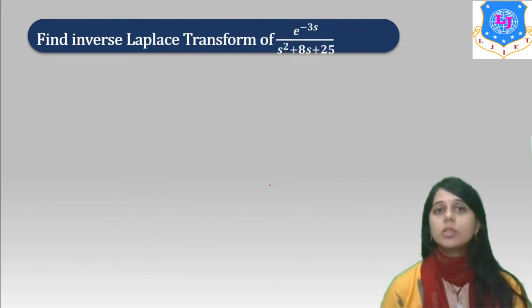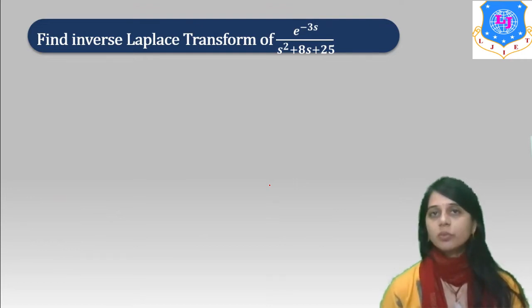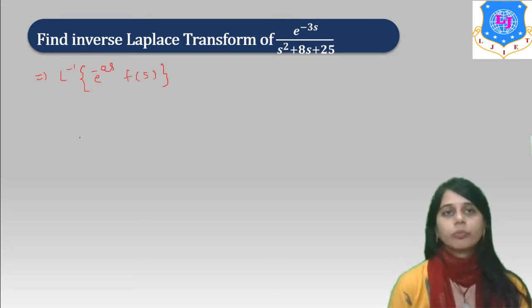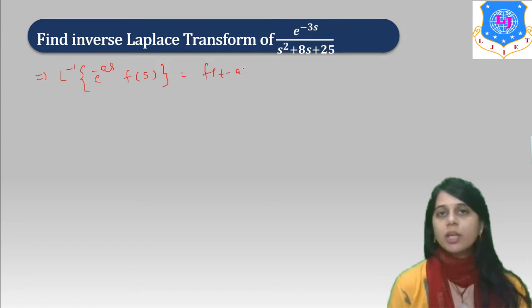find the Laplace inverse of e raised to minus 3s upon s square plus 8s plus 25. Now it looks like e raised to minus as times f of s. So first of all, this is the second shift theorem, and the answer is f of t minus a, u of t minus a.